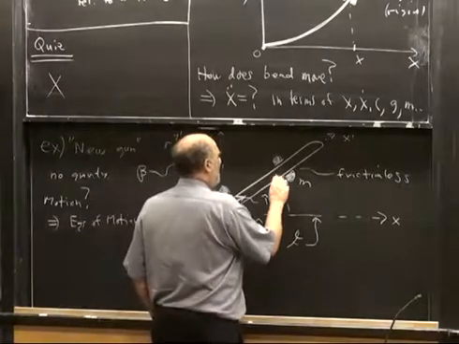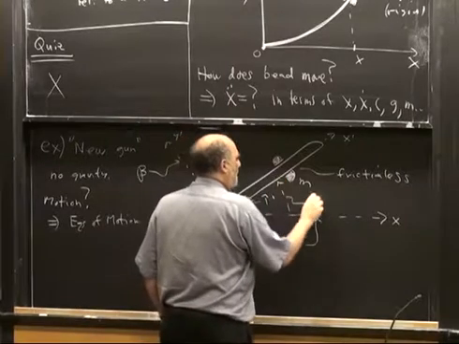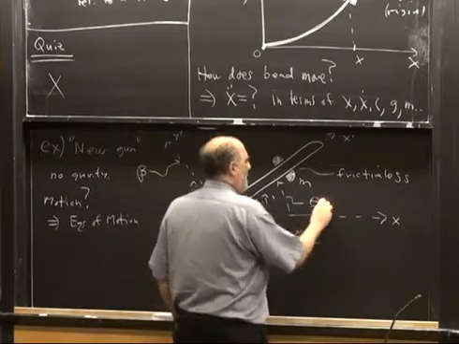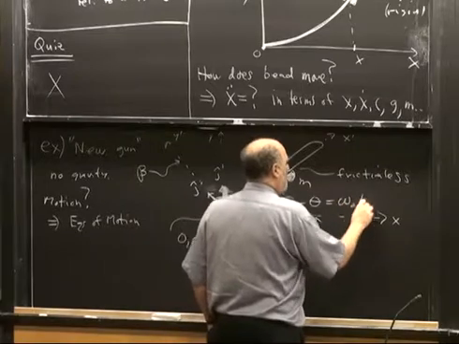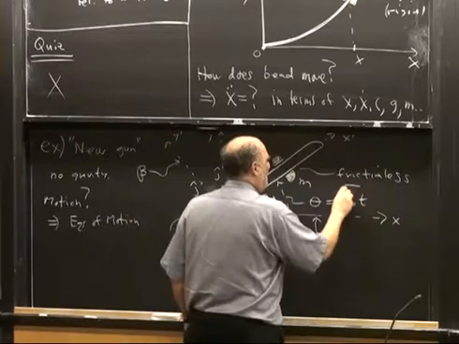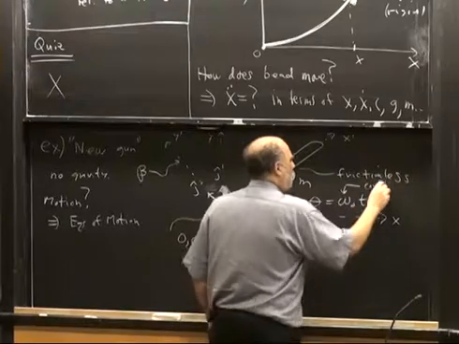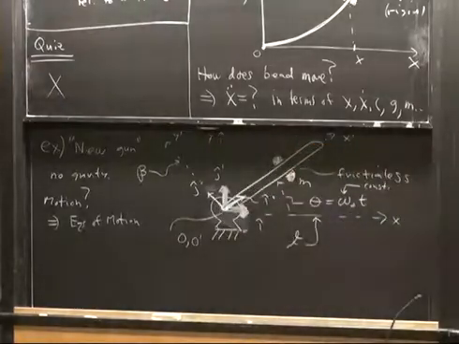Now let's say somebody tells us ahead of time that this angle theta is equal to omega 0 t, where omega 0 is a constant. So we're going to spin this stick at a constant angular velocity to make it a little simpler problem.